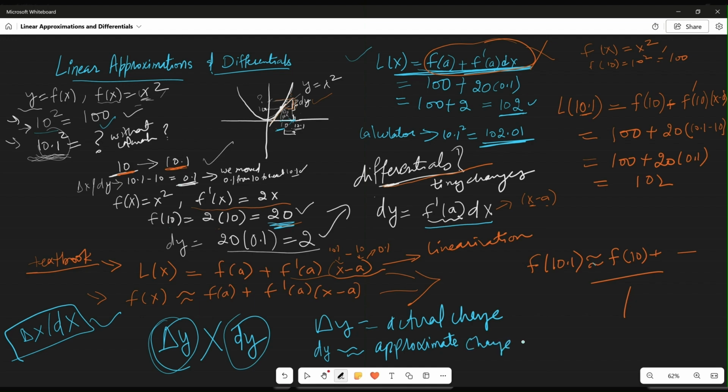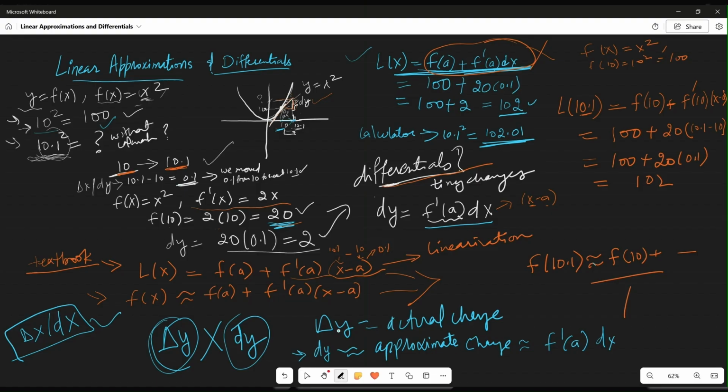Approximate change, which we are just calculating based off the slope times the horizontal change in x, and this gives us the function's output change approximated, right?